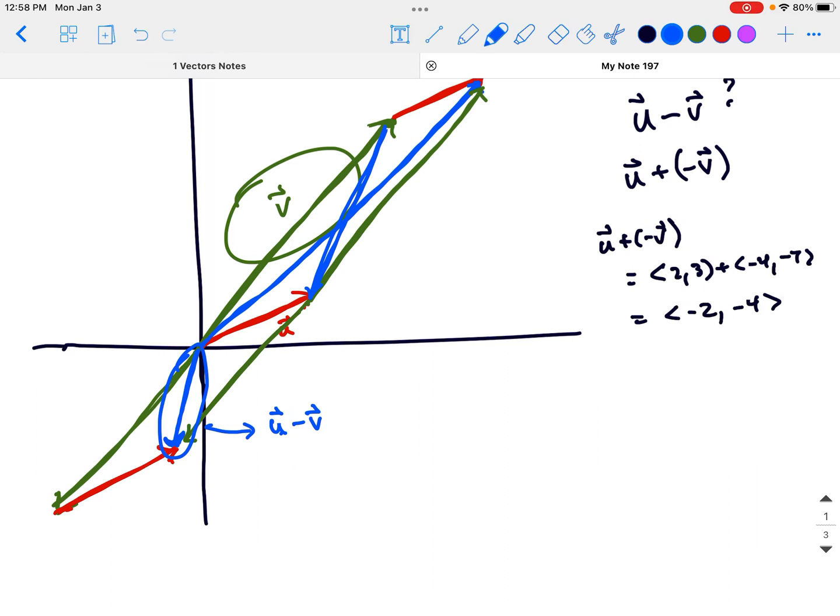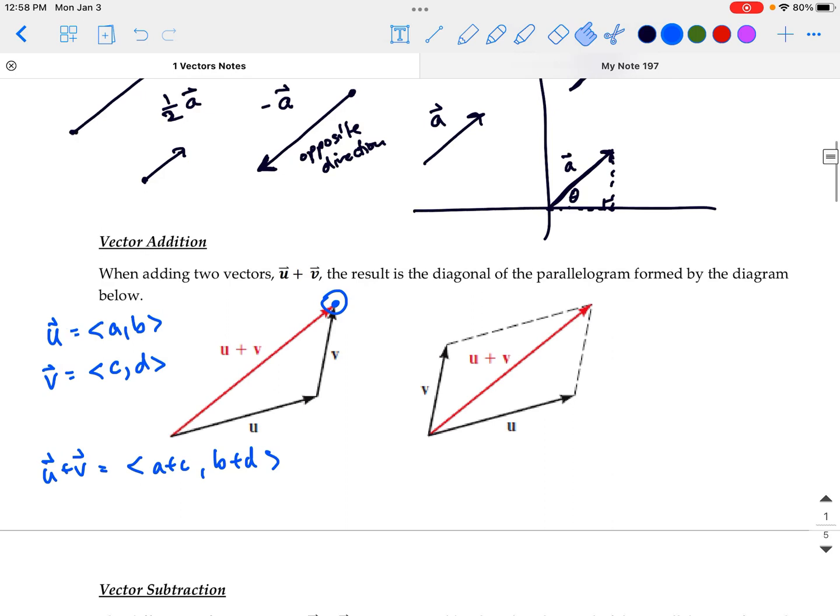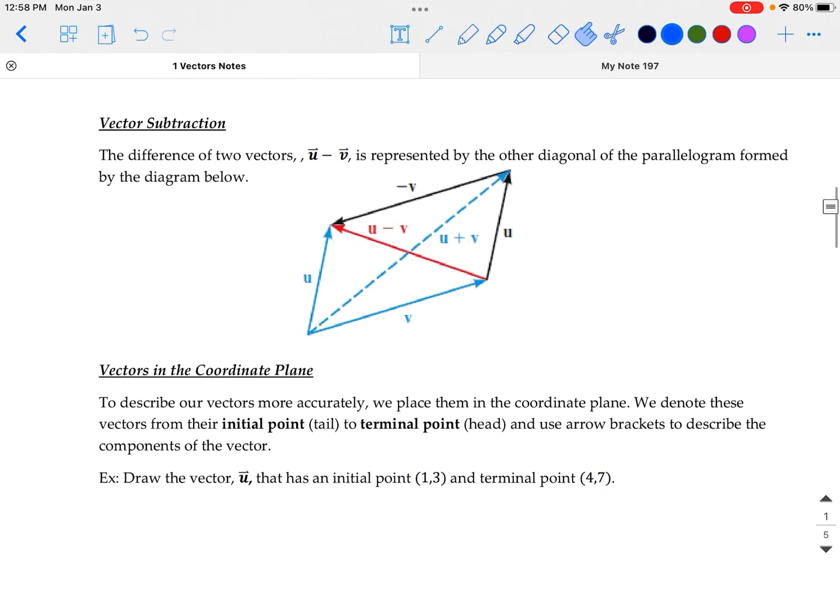So again, not drawn to scale here, so it's a little bit hard to tell, but it is simply that length between the two vectors there. And that's what we see in our notes here. So in your notes in particular, you will see just this red line, which is that opposite diagonal.